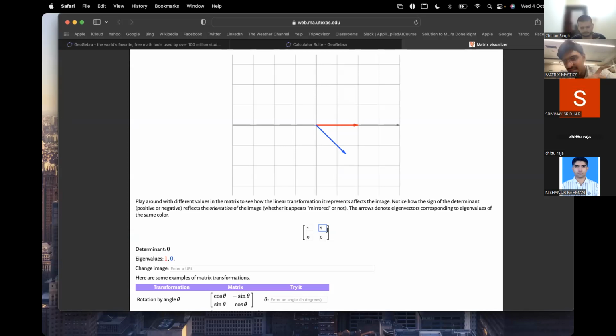Oh, okay. So that means for 1, 2, 2, 4, the I cap and J cap lie in a collinear way, on the same line. Yeah, but there's a subtle difference here, right?